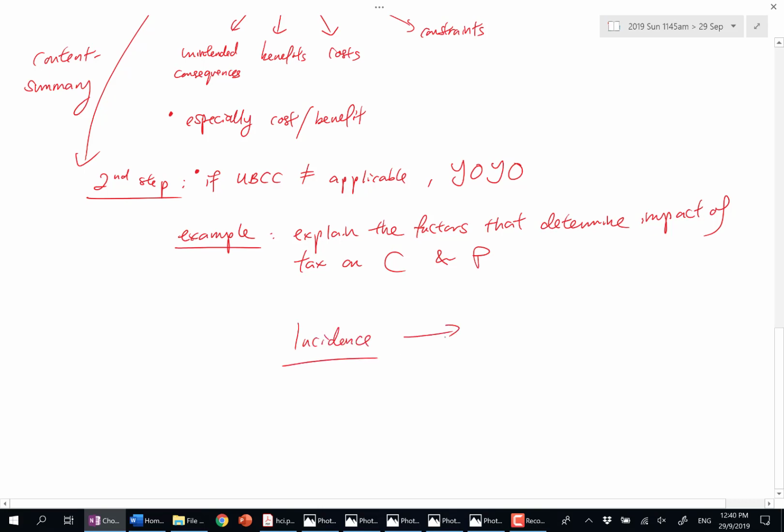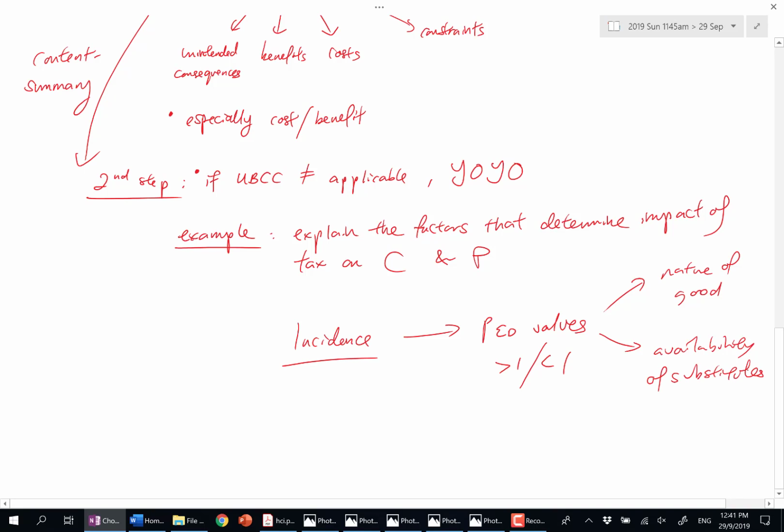So primarily you are looking at PED values, right? Is it more than one? Is it less than one? So you can consider things like nature of the good, okay, availability of substitutes, okay, and the like. See, I can't give you a framework for every topic because there are so many cases where they could ask for content summary. It's impossible to catch everything.